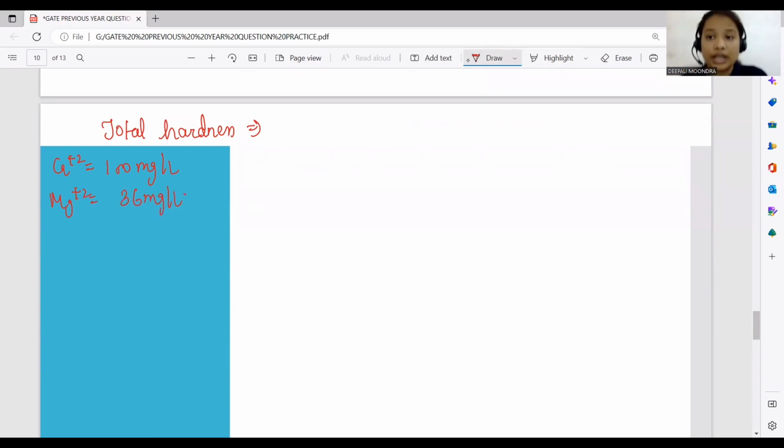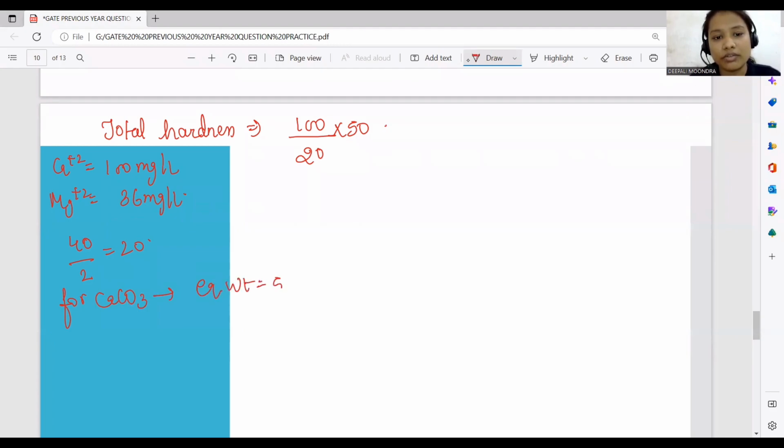Now, Ca has a molecular weight of 40, right? And its N factor is 2. So its equivalent weight will be 20, right? So we will write it like this: 100 divided by 20, into 50. Why 50? For CaCO3, the equivalent weight is 50.